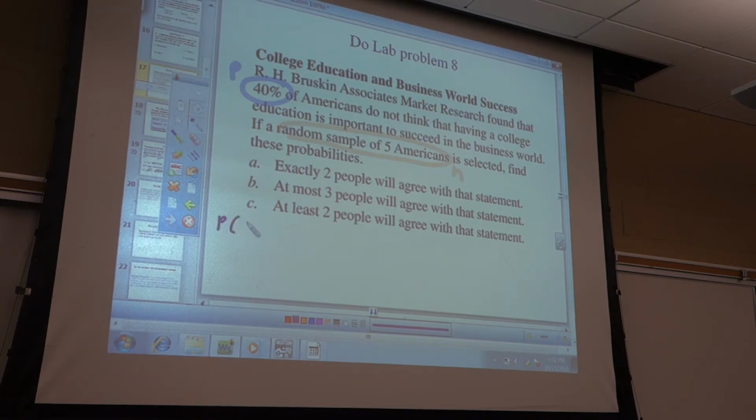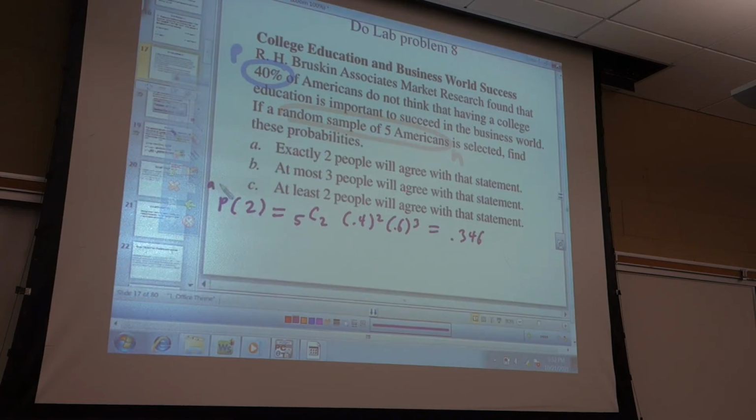So we did A in class, and we got the probability that it's 2 is equal to 5 choose 2 times 0.4 to the second times 0.6 to the third. And what did you folks get for that? 0.346. Good. That's A. B is different. B is at most 3.